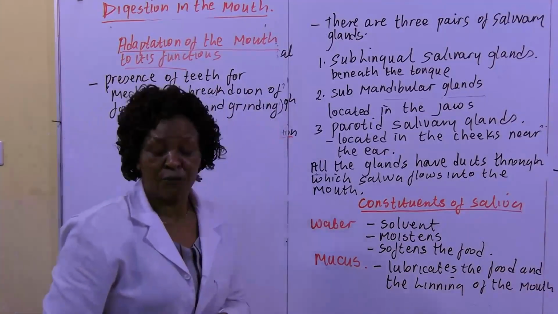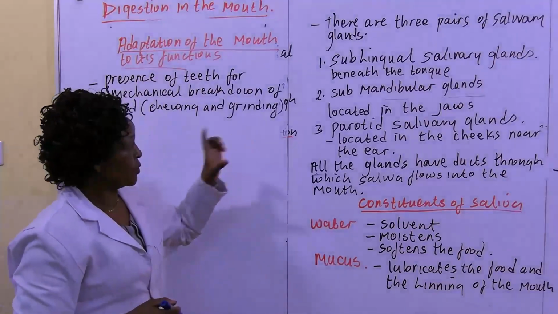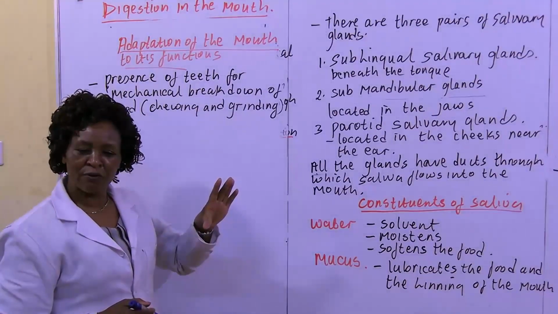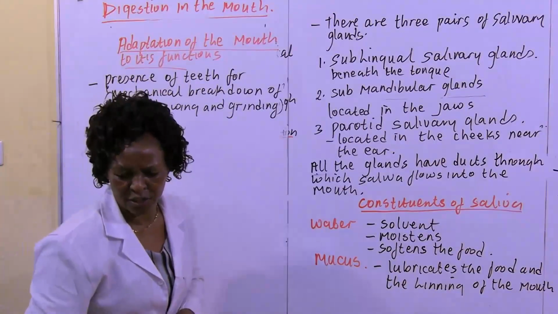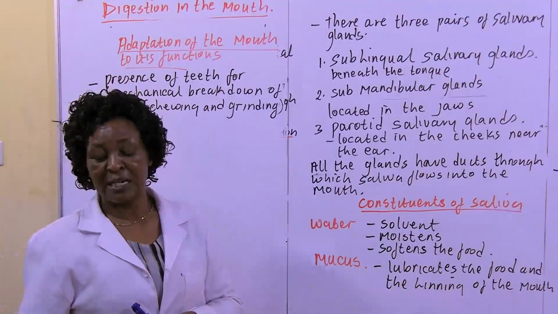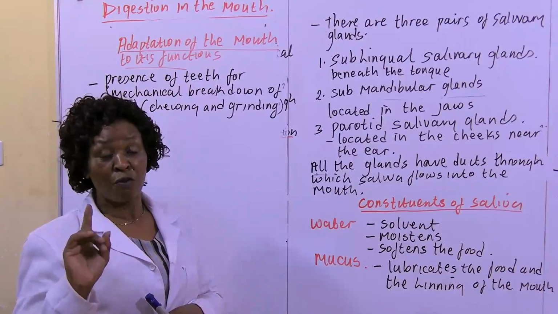So don't take your teeth for granted. Remember, when we were looking at the teeth, we said take good care of them. They are the ones that bring about mastication, the mechanical breakdown of food.